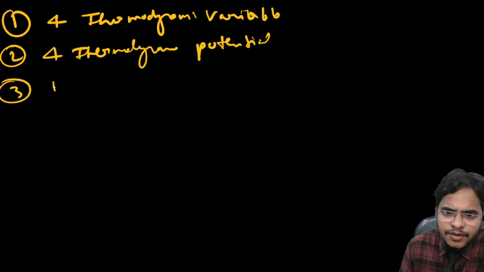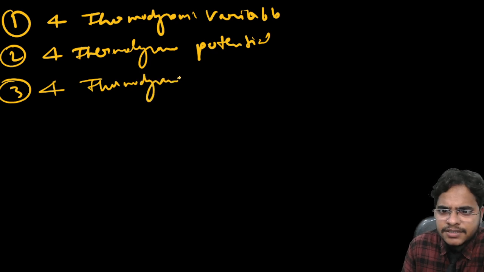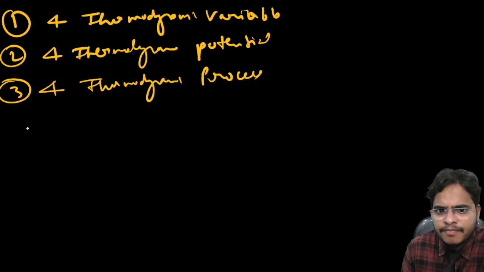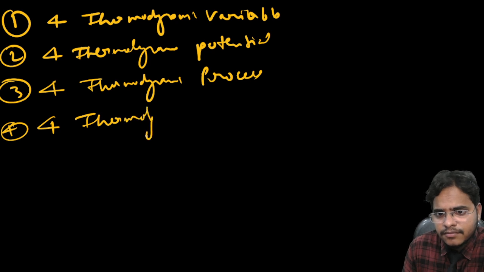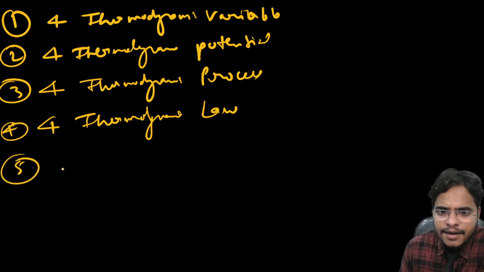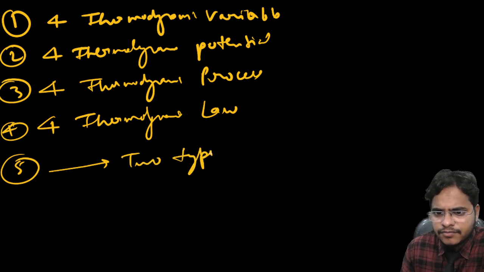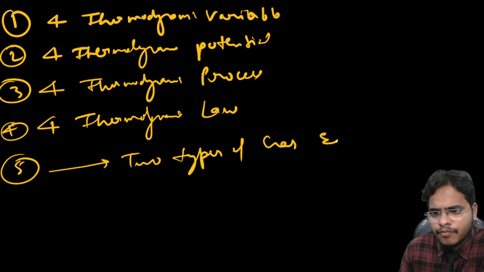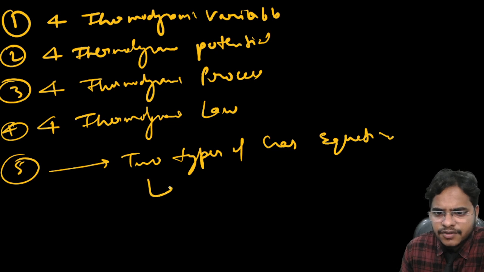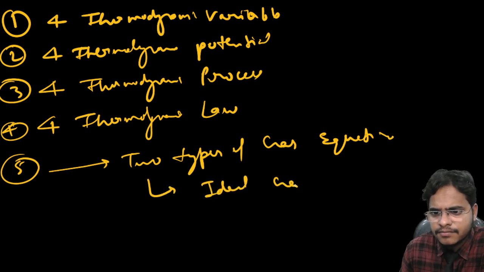Third one is 4 thermodynamics processes, and we have 4 thermodynamics laws. Okay, and now we have 2 types of gaseous equation. Gaseous equation, one is ideal gas and the second one is van der Waals gas, the real gas.